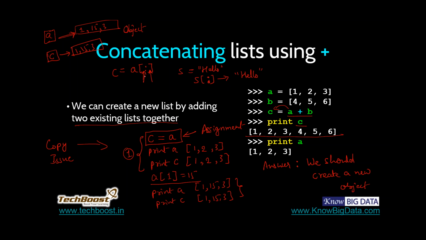When you do A of colon, what you get is the complete list. And remember, this one creates a new object. Clear? So this is how your copy problem is resolved, and this is called the copy solution. Great, so interesting, isn't it?